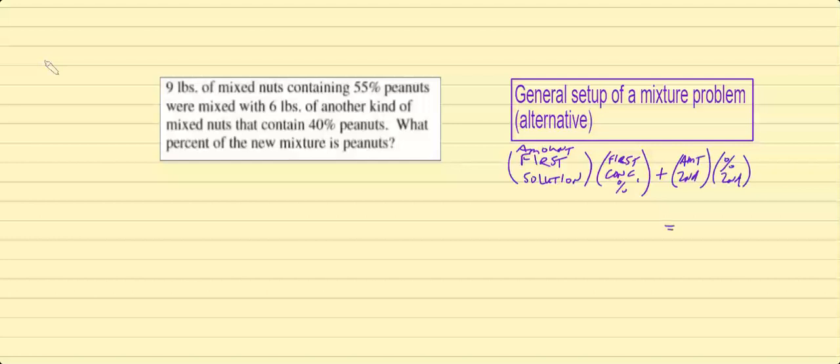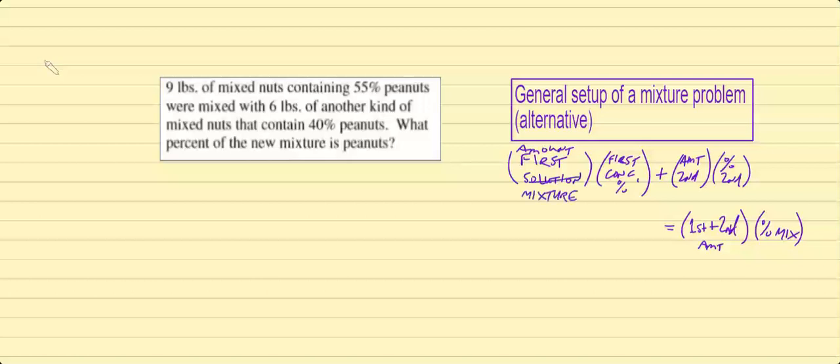And that equals the first plus the second amount times the percent of the mixture. So putting it in words like that might make a little more sense, or the previous setup might make more sense. When we say first solution, in some problems it's just called a mixture.